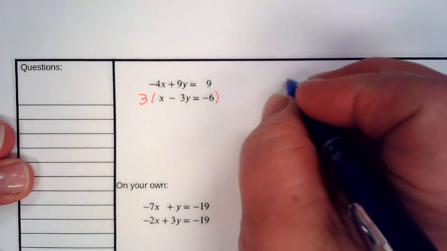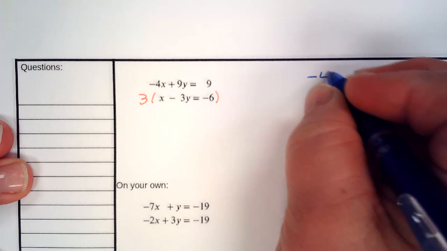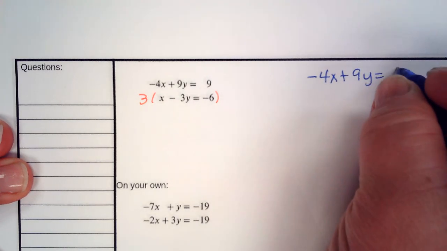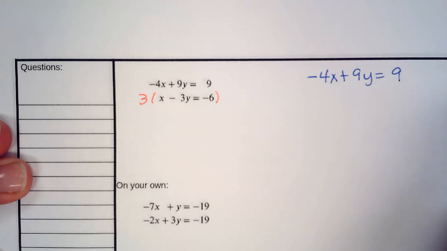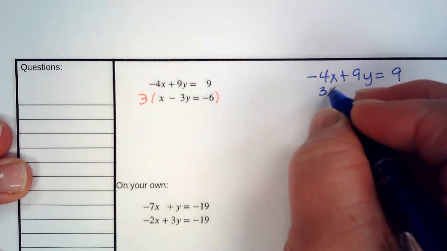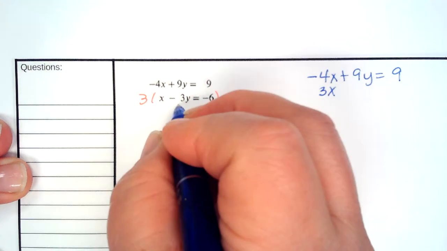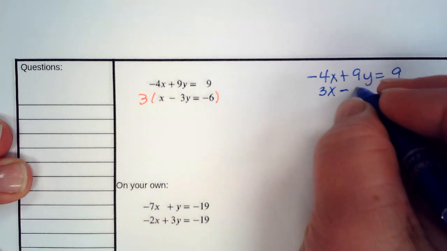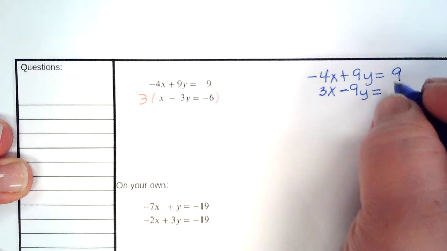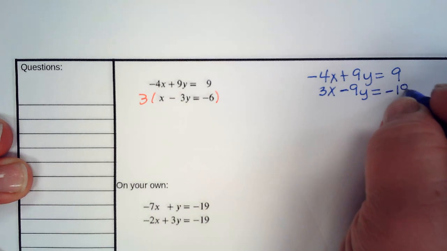We know that the negative 4x plus 9y equals 9 will not change. 3 times x is 3x. 3 times negative 3y is negative 9y equals 3 times negative 6 is negative 18.